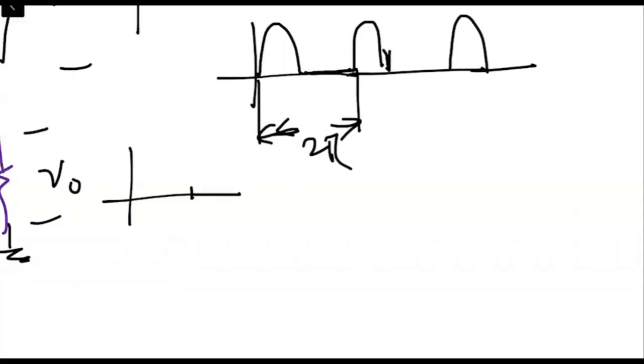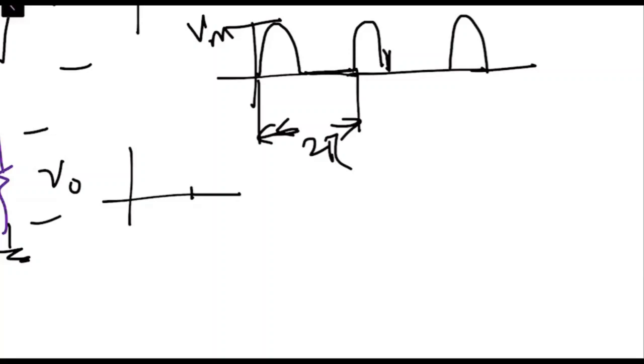The maximum value is Vm. Is it making sense? Because one complete cycle takes place in 360 degrees, and when you convert 360 degrees into radians, it is 2 pi radian, right?